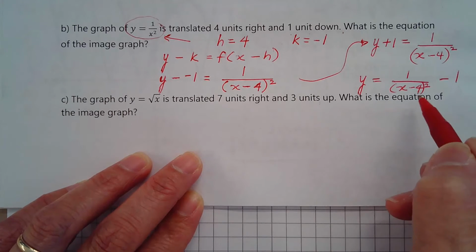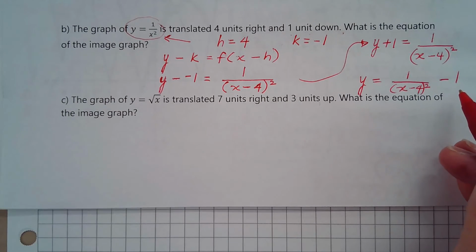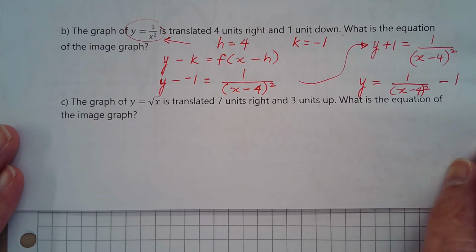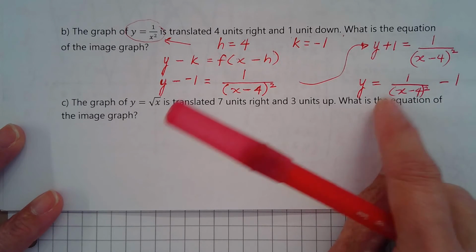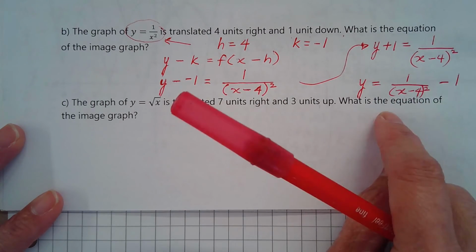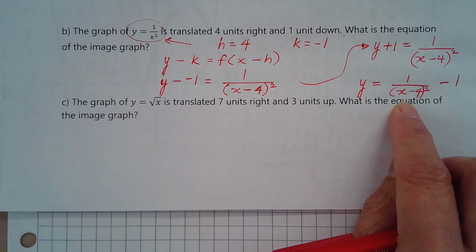Because what's happening here, that's a very good question. The question that Nick had was, why is it not x squared minus 4? When we look at this, what do we do first?